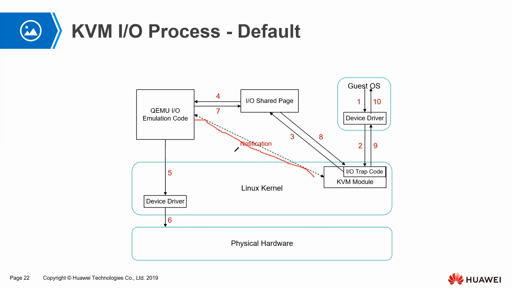So before the trap code sends it to the IO shared page, does it mean that KVM, as it receives that instruction first, informs the emulation code before the IO trap code sends it to the shared page?